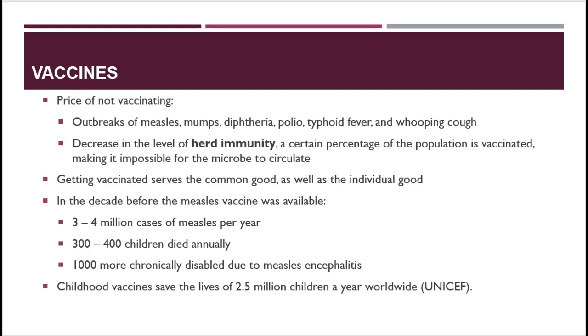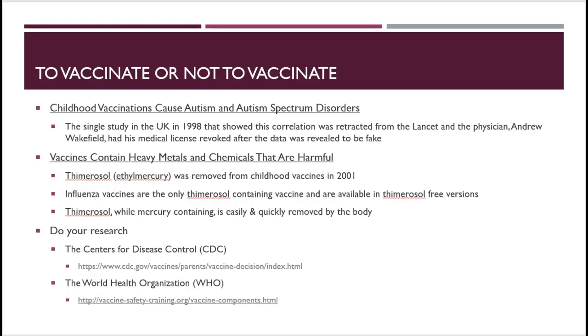According to UNICEF, childhood vaccines save the lives of 2.5 million children a year, and that's worldwide. So there's been a lot of controversy and discussion about vaccinations and if parents should or should not vaccinate, and how do you make that decision.